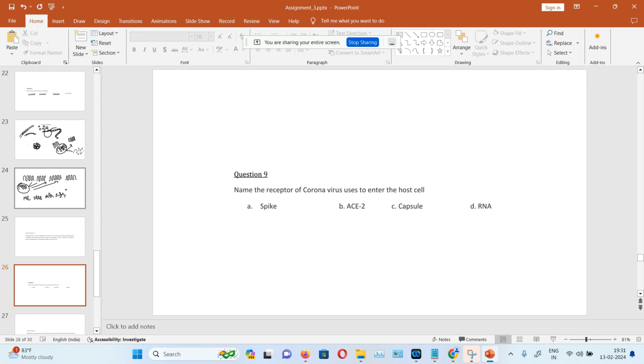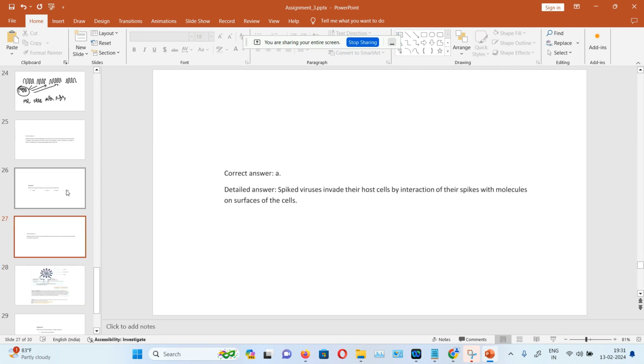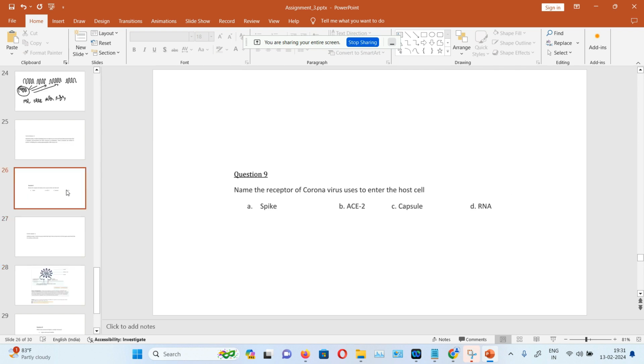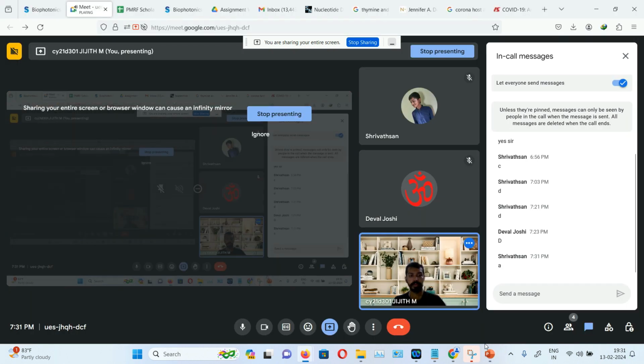Then the question: the receptor of coronavirus to enter the host cell. Which is the answer?